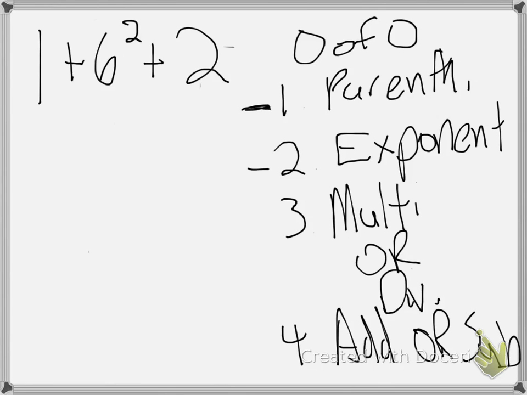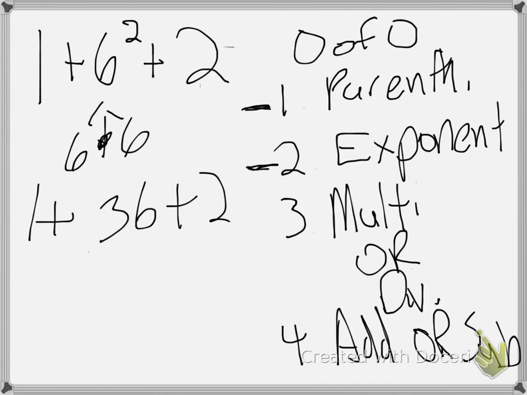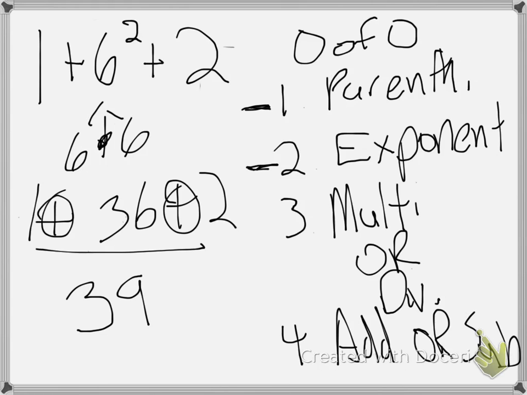Once again, we look for parentheses; there are no parentheses. Then we go to exponents. 6 times 6 becomes 36. And then we do multiplication and division. There aren't any, so we go to addition. 1 plus 36 is 37. 37 plus 2 is 39. Okay, so that's added into the order of operations.